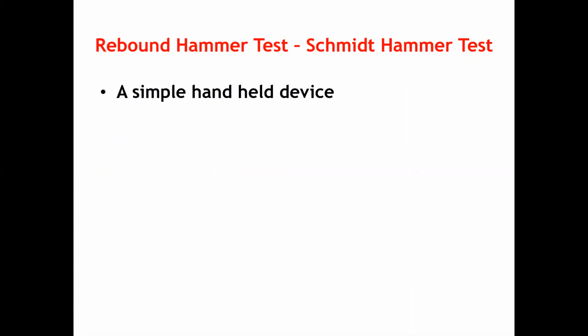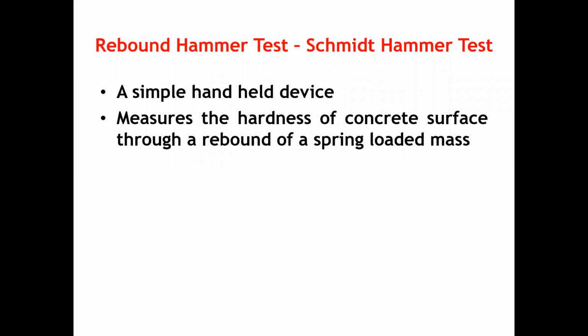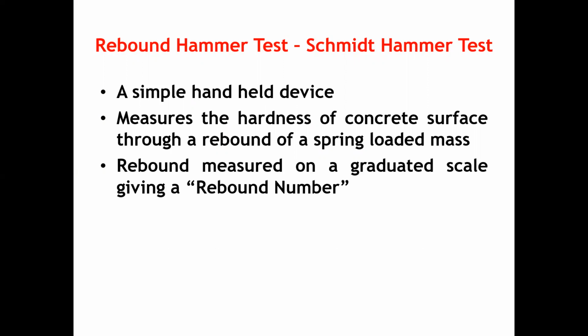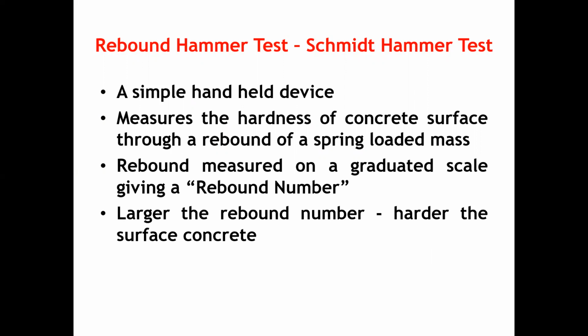Basically, it is a very simple handheld device which is used very widely, as I said earlier. It measures the hardness of the concrete surface through the rebound of the spring-loaded mass. The rebound is measured on the graduated scale and given as a rebound number, as we have seen in the earlier slide.